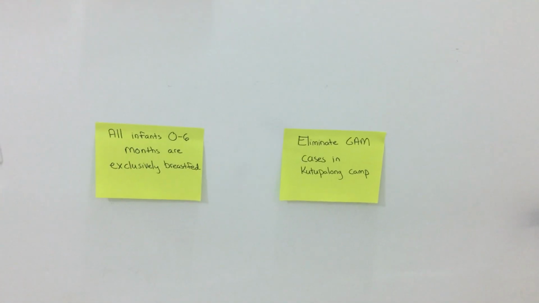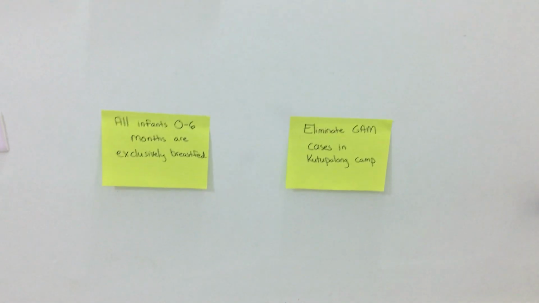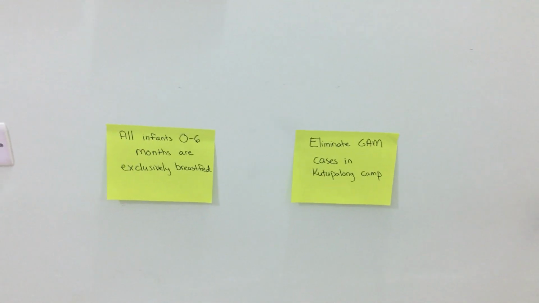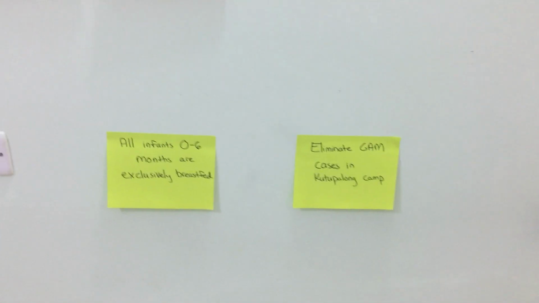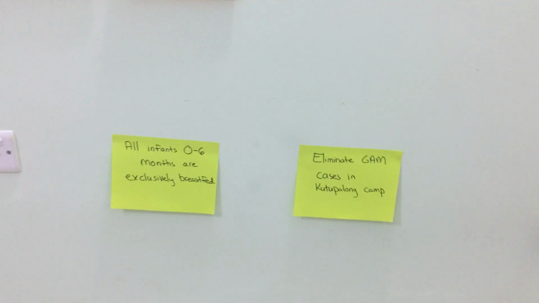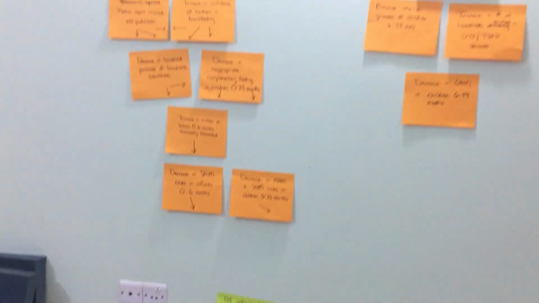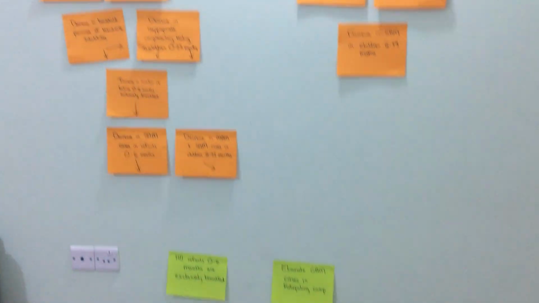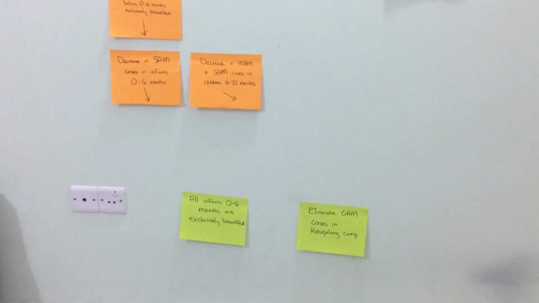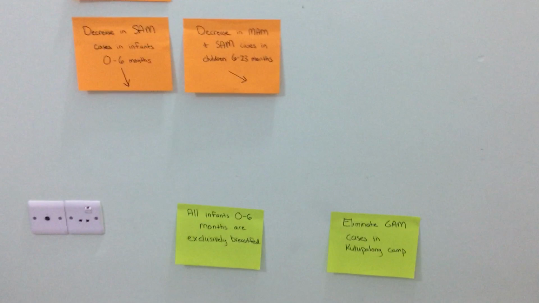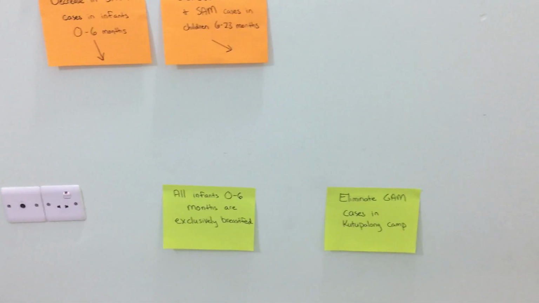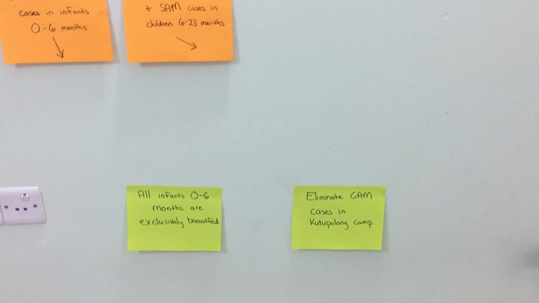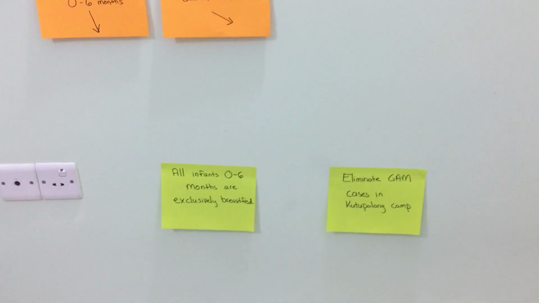Again, these goals are going to be way too big for us to measure on our own. We can't attribute it solely to our work, but we can contribute to it. And so what we can do is say, because we know we've met these three outcomes, we can assume that our work has contributed to these goals of exclusive breastfeeding and eliminating malnutrition in the camp.